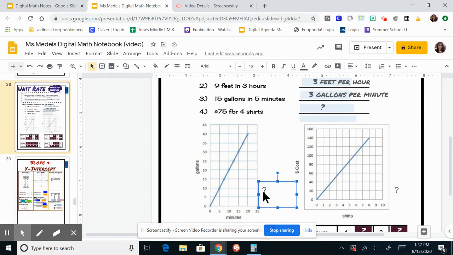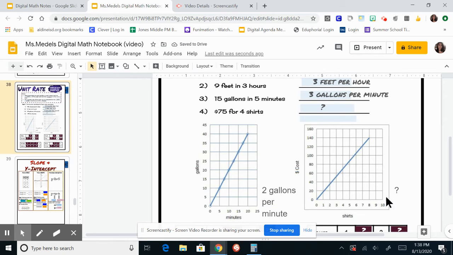So that means I did 2 gallons per minute.